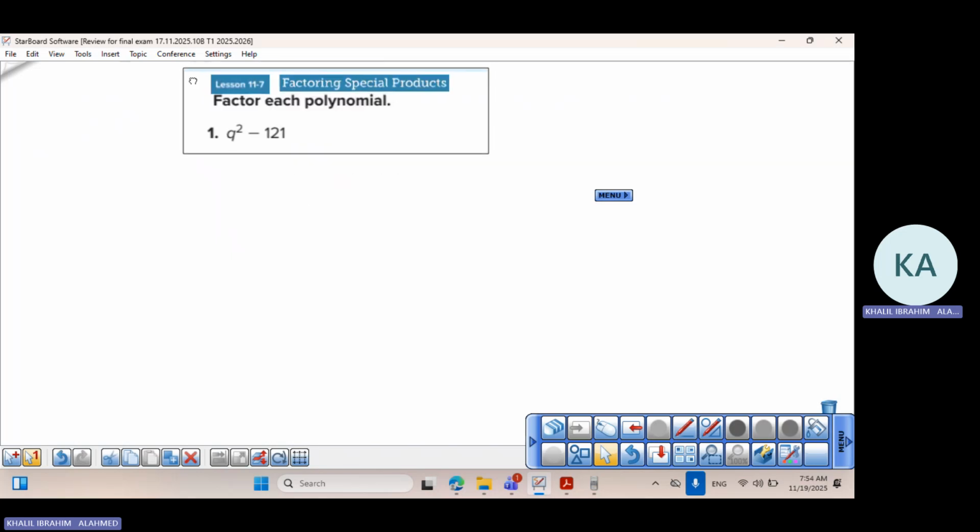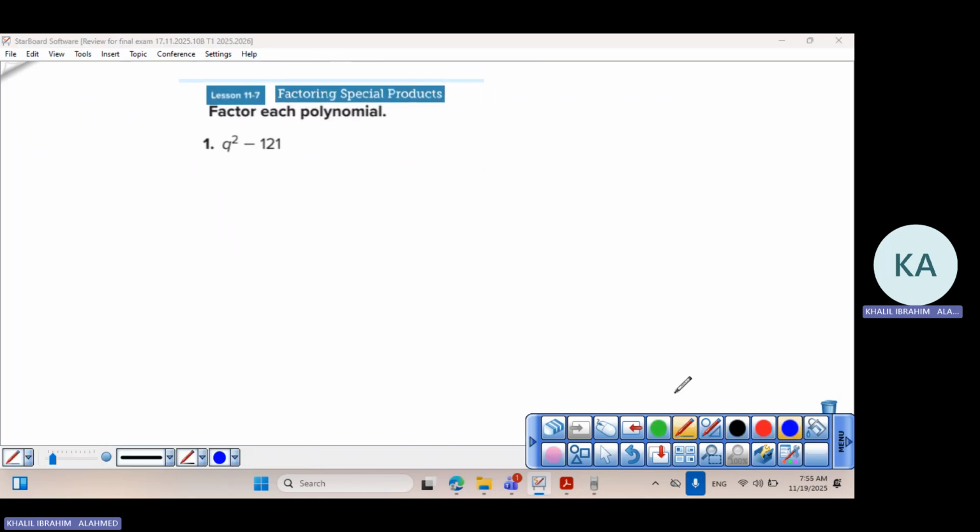We can use this formula: a squared minus b squared equals a minus b times a plus b. We can write this as q squared minus 11 squared because 121 is 11 squared. That means q minus 11 times q plus 11.